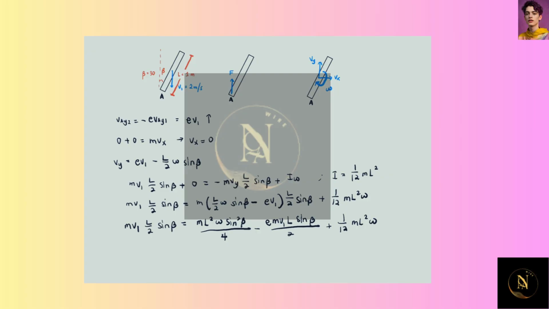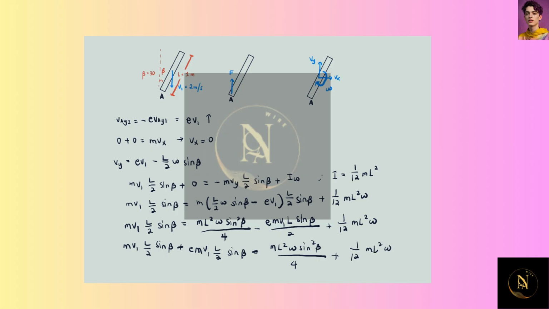Further simplifying, for the left hand side we can combine m v1 L over 2 sine beta plus e m v1 L over 2 sine beta, equals, for the right hand side, m L squared omega sine squared beta over 4 plus 1 over 12 m L squared omega.